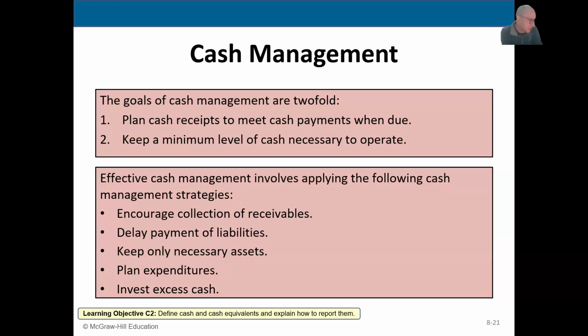Keep only necessary assets. Don't purchase too much inventory. Please don't do that. I've seen so many businesses do that and they get themselves in trouble. Purchase only the assets that you need. Plan expenditures ahead of time. You know when the rent is due.